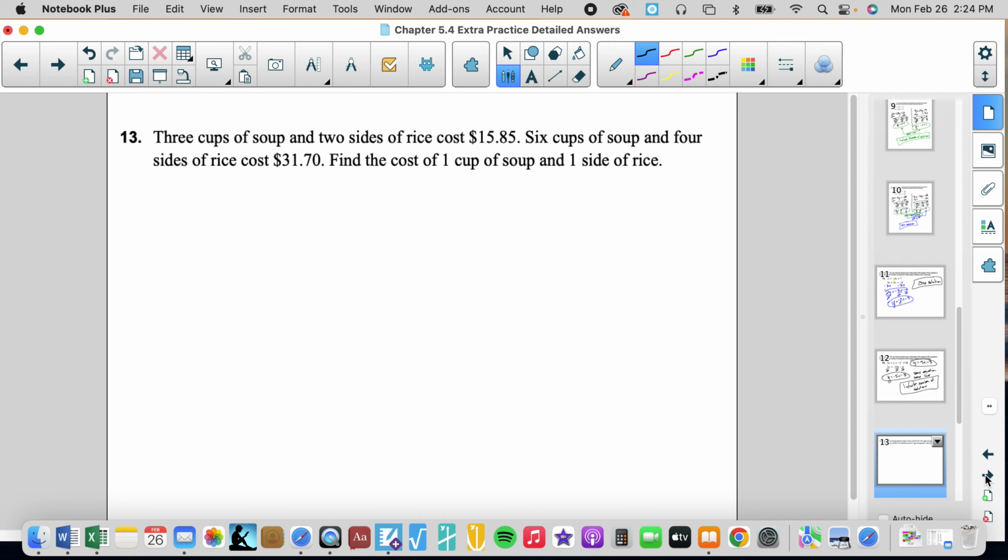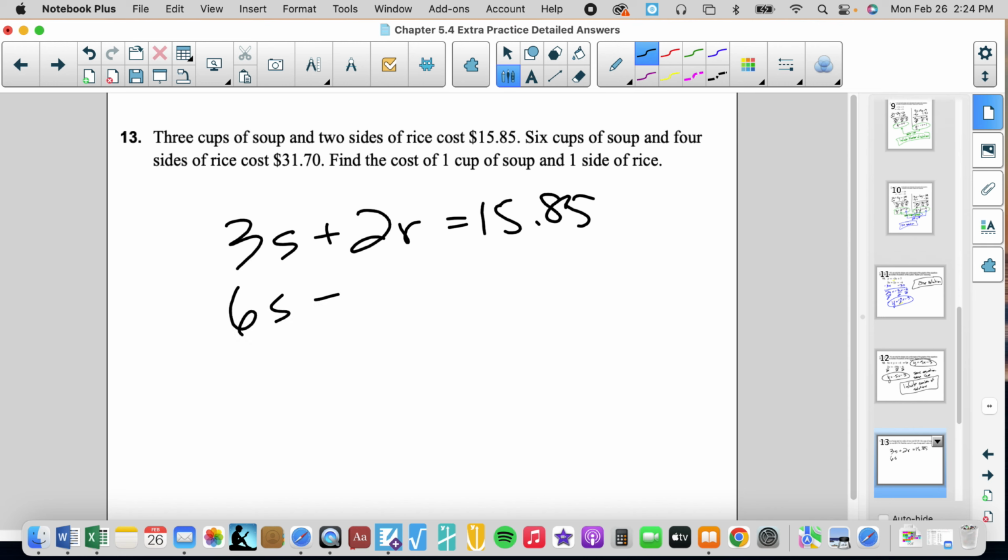3 cups of soup and 2 sides of rice cost $15.85. Whoa, 3 cups of soup plus 2 sides of rice equals $15.85. 6 cups of soup and 4 sides of rice cost $31.70. How am I going to do that? I'm going to use elimination by multiplying.